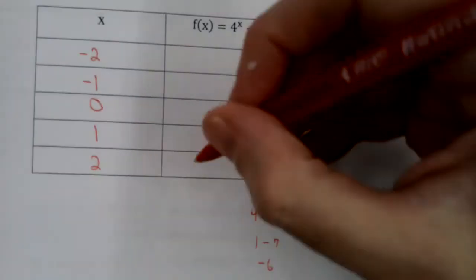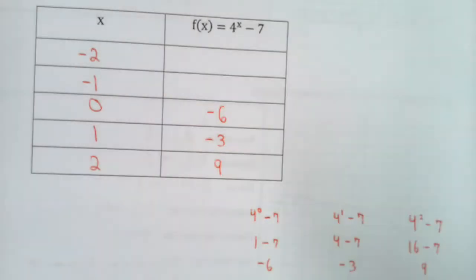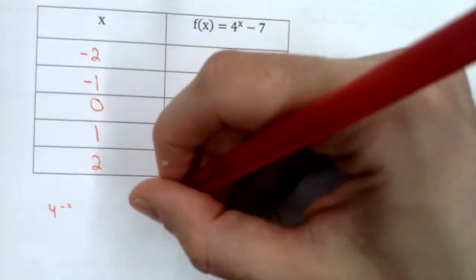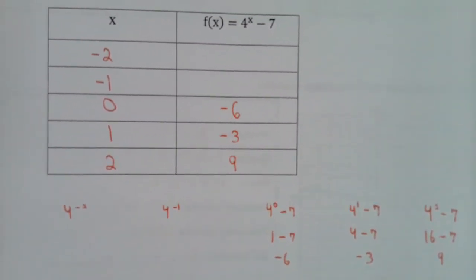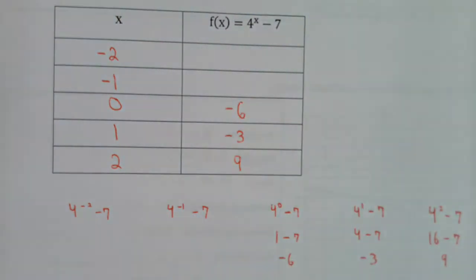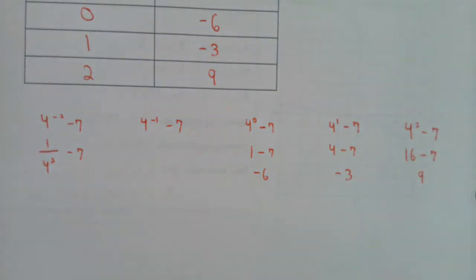Great. We got some of the graph going on right now. Let's do 4 to the negative 2 power, and then we'll do 4 to the negative 1 power. 4 to the negative 2 power, and then minus 7. 4 to the negative 2 power is the same as 1 over 4 squared. 1 over 4 squared is the same as 1 over 16.